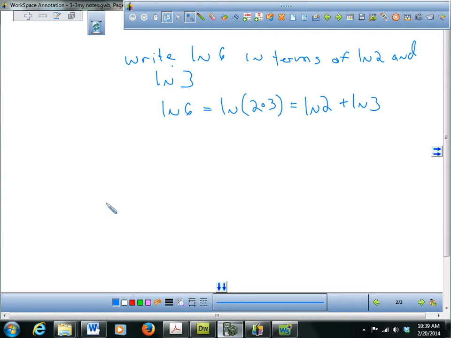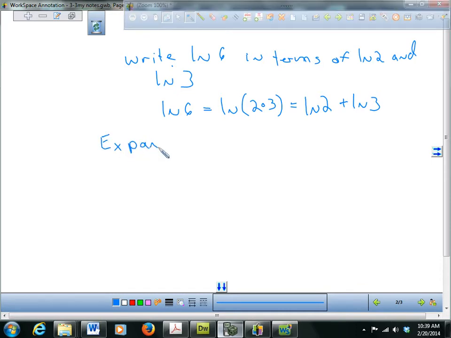Then you have things that say expand. And this is using the rules. Expand as the sum of logs or something like that. So if you see something like this, log of 2x cubed y to the 4th, and they want you to expand that using some of the rules of logarithm. So these things are all being multiplied. See that?